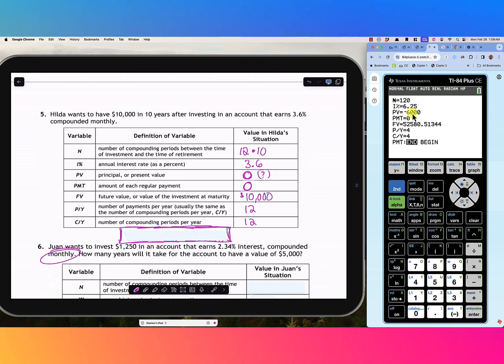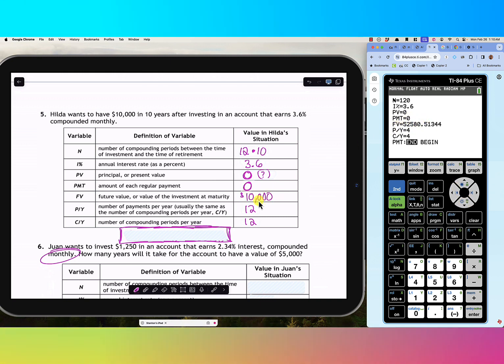Interest rate is 3.6, so type in 3.6. Go to the next line. Present value, we're going to put 0 there and then come back and solve for it later. Go to the next line. Payment, 0. Go to the next line.